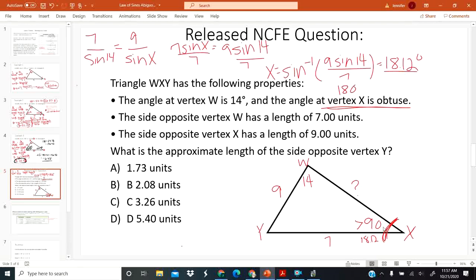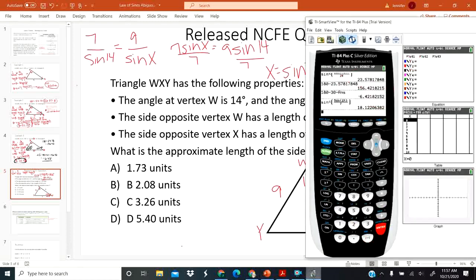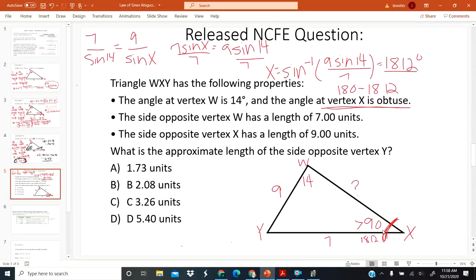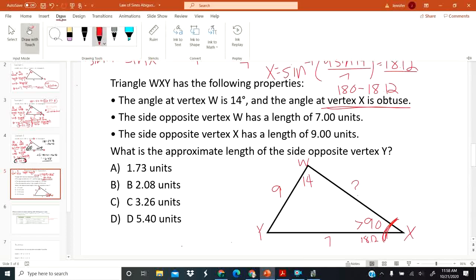So I'm going to do 180 minus 18.12. So 180 minus our previous answer is going to give me 161.88. So let's go back, and that is greater than 90.